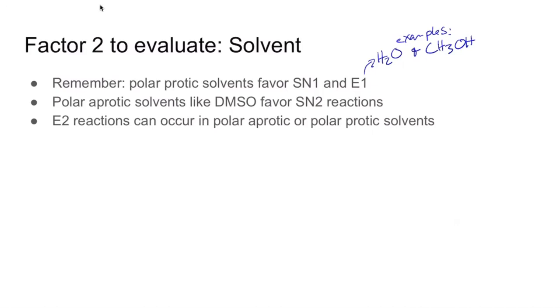Well, both polar protic and polar aprotic solvents have anion solvation, but polar aprotics are just kind of mediocre at it. And that can be sort of stabilizing for the nucleophile in an SN2 reaction. And in addition, DMSO doesn't do hydrogen bonding, so it allows a nucleophile to move really quickly to do the backside attack.